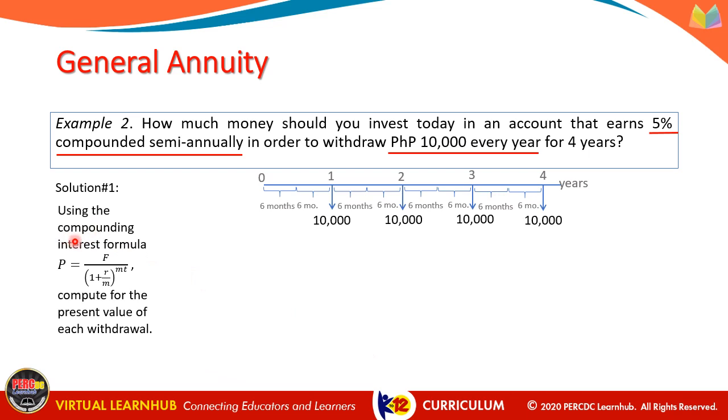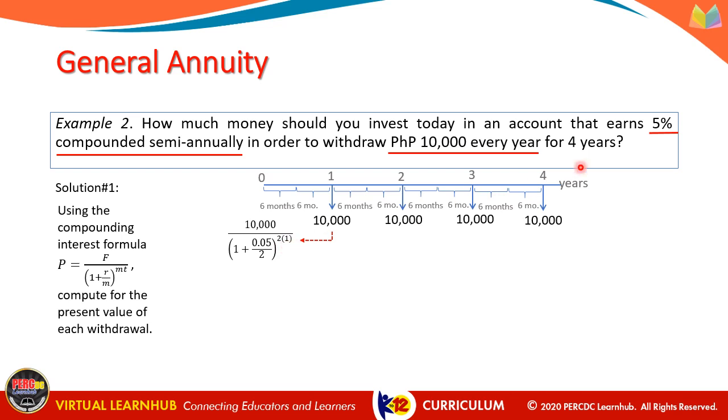Using the compound interest formula, P is equal to F over 1 plus r over m raised to mt, we are going to compute for the present value of each withdrawal. This 10,000 pesos at the end of year 1 has a present value equal to 10,000 over 1 plus 0.05 over 2 raised to 2 times 1.